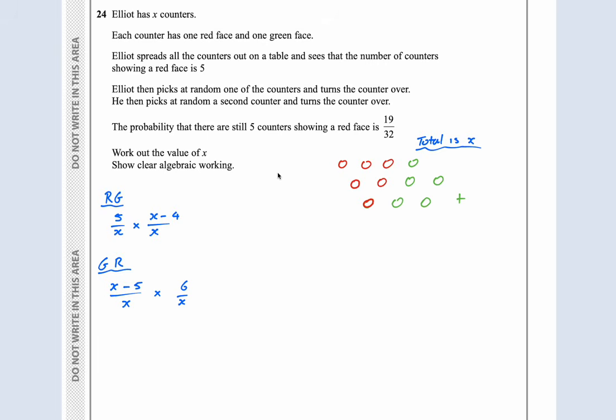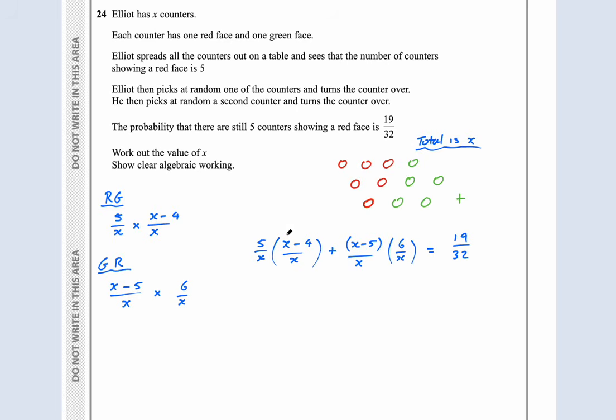Okay, so the probability that there's still 5 is going to be this plus this, because it's either red-green or green-red. So let's write that out. 5 over X times X minus 4 over X plus this X minus 5 over X times 6 over X equals 19 over 32, because he said the probability was 19 over 32.